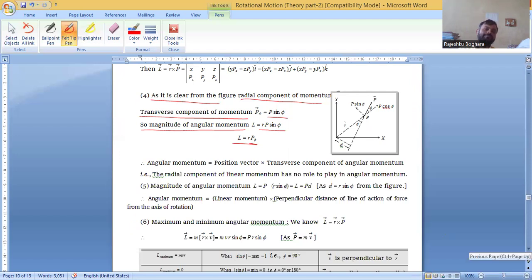Same figure. In torque, here we take force, here we take linear momentum. The angular momentum is equal to position vector into transverse component of linear momentum. Instead, the radial component of linear momentum has no role to play in the angular momentum.